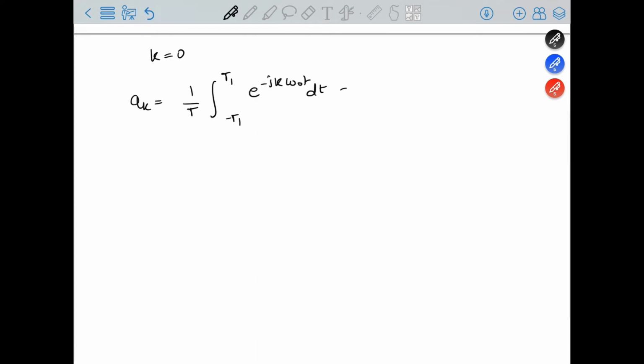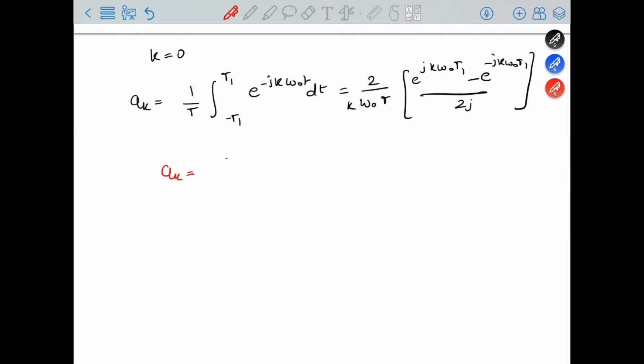When we solve this and rearrange, we get 2 by k omega naught T, times e raised to the power jk omega naught T1 minus e raised to the power minus jk omega naught T1, divided by 2j. So the final expression for a_k is 2 sin(k omega naught T1) by k omega naught T, where omega naught is again 2 pi by capital T.